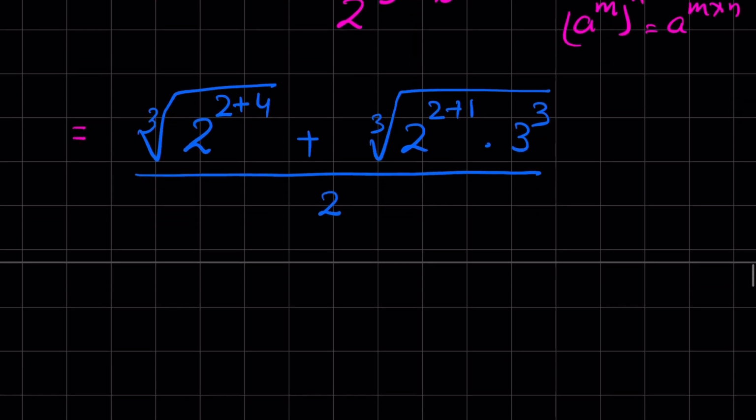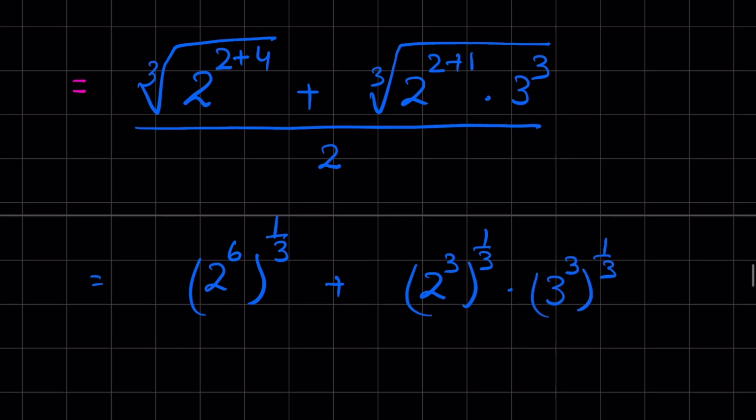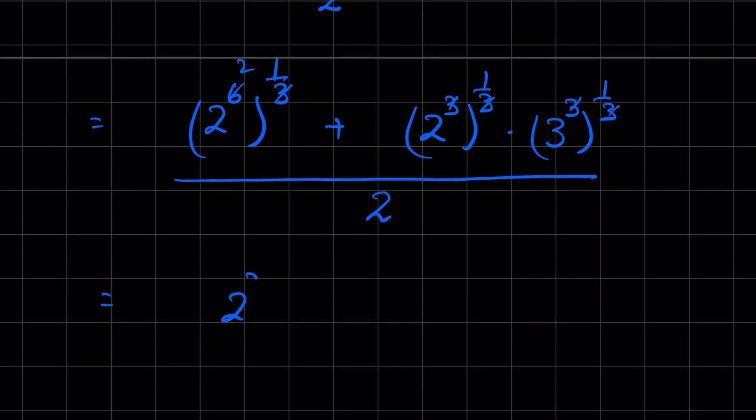Again here this is 2 raised to the power 6 whole raised to the power 1 upon 3, plus this is 2 raised to the power 3 whole raised to the power 1 upon 3 times 3 raised to the power 3 whole raised to the power 1 upon 3. Now 3 times 2 is 6, 3 and 3 cancelled.